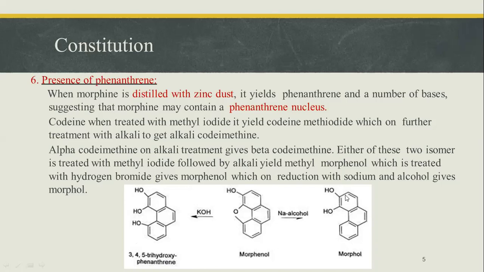So this phenanthrene nucleus contains altogether 14 carbons. Here we can have 6 carbons, here we have 6, 12, in addition 13 and 14. 14 carbons are there. As we know, morphine contains 17 carbons. So we have found out the carbon skeleton for 14 carbons. We have to find out the nature of the other carbons, how they are present.